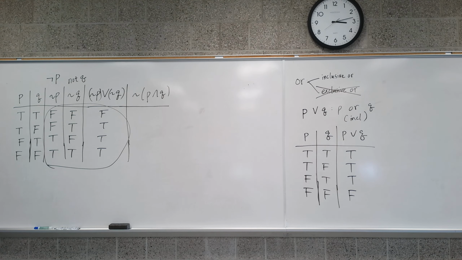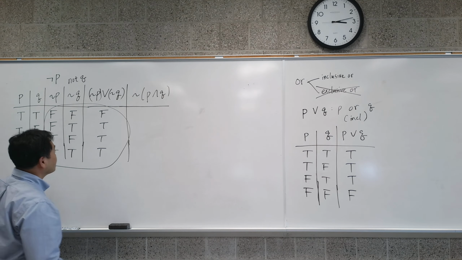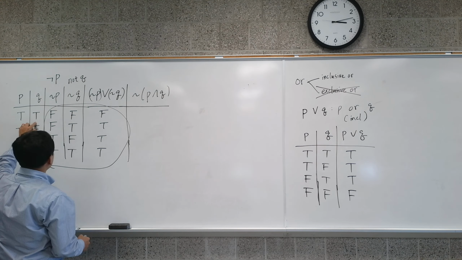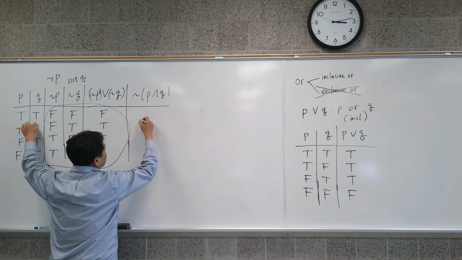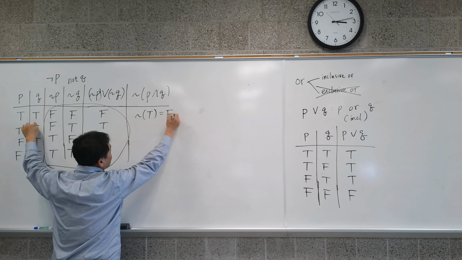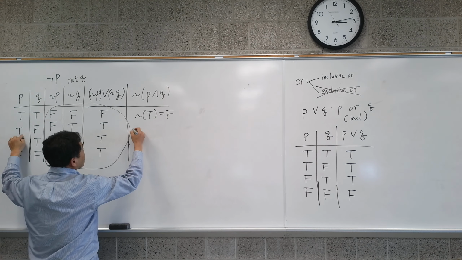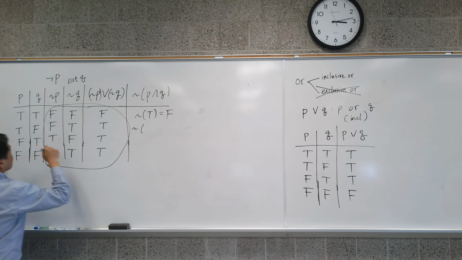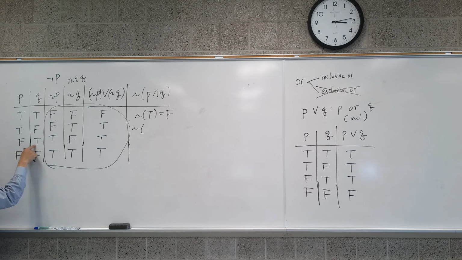Agreed? But then P and Q: true and true gives you true, and all of the other rows will evaluate to false, right?